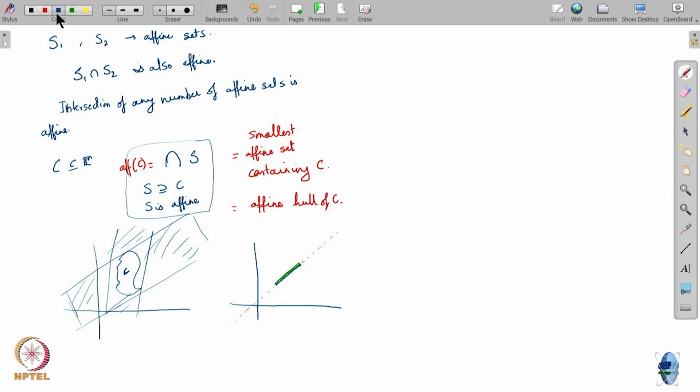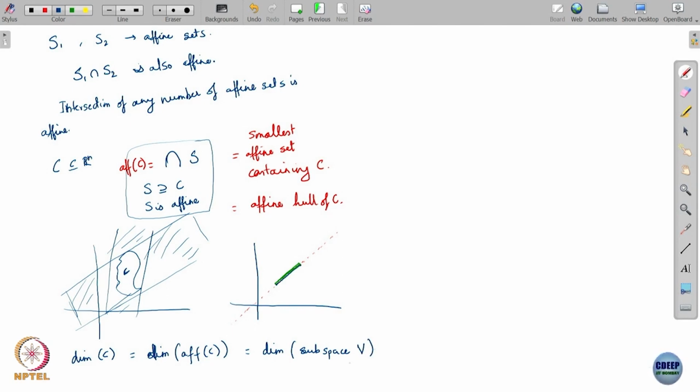Because of this we can now talk of the dimension of a set. So, the dimension of C is simply the dimension of the affine hull of C, which is the same as the dimension of the subspace V that you would get by shifting the affine hull, by shifting that affine set.